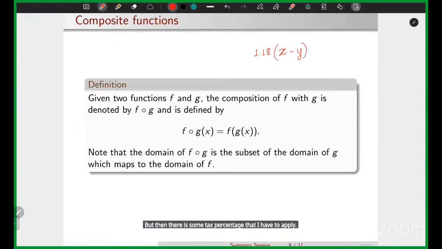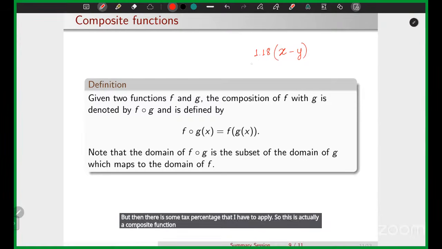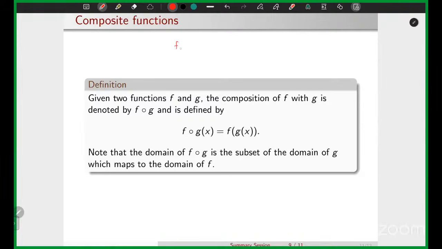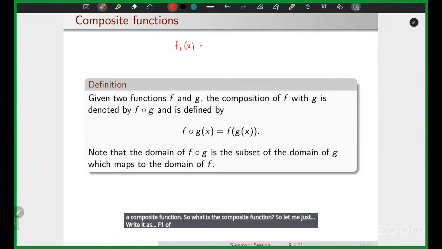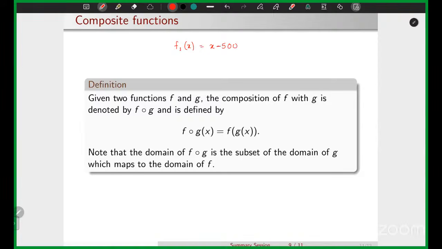So this is actually a composite function. What is the composite function? Let me just write it as f1 of x is x minus 500. Let's say on every item you have 500 rupees off.